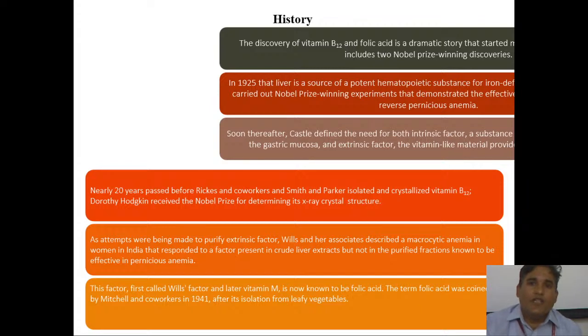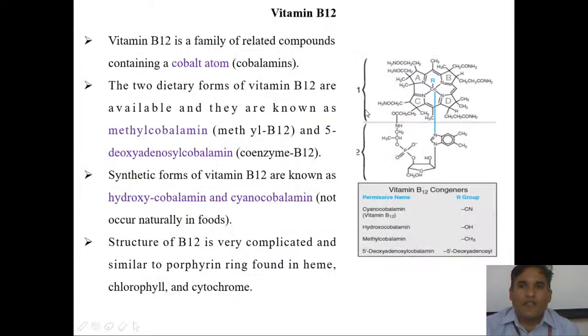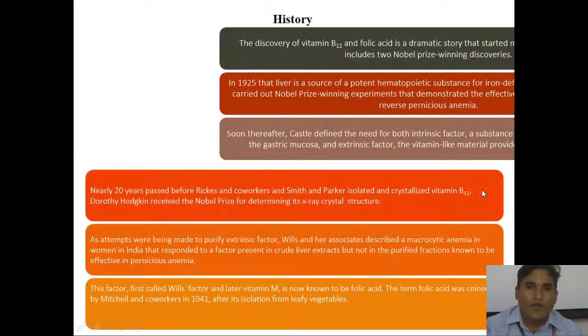When you come to the history, it was in 1925 that a scientist used liver extract to cure pernicious anemia and got the Nobel Prize.